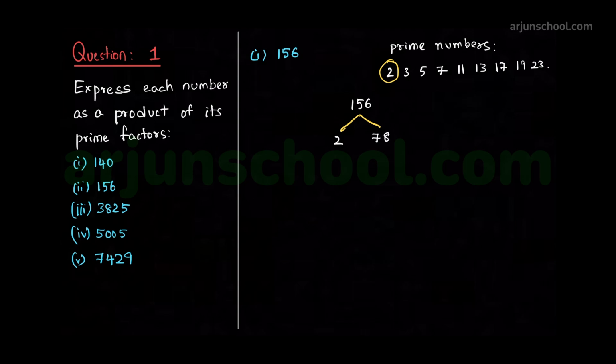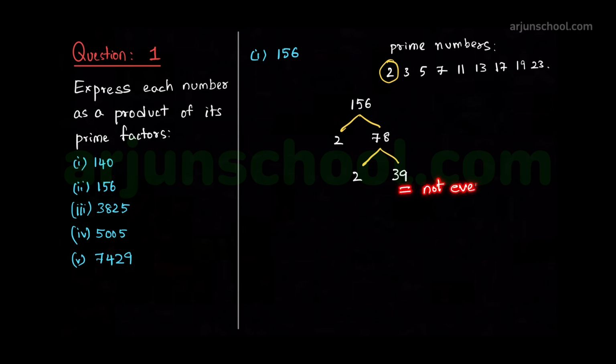Now we have 78. 78 is also an even number. So, again it is divisible by 2. Divide 78 by 2. 78 divided by 2 is 39. Now we have 39.